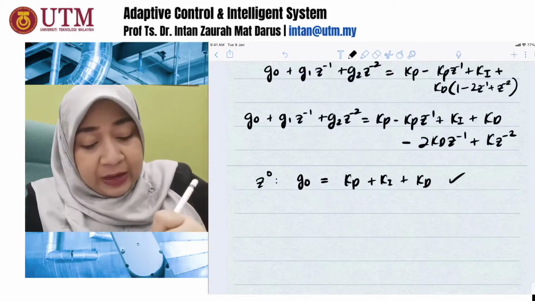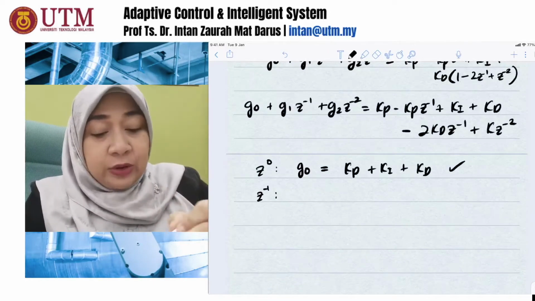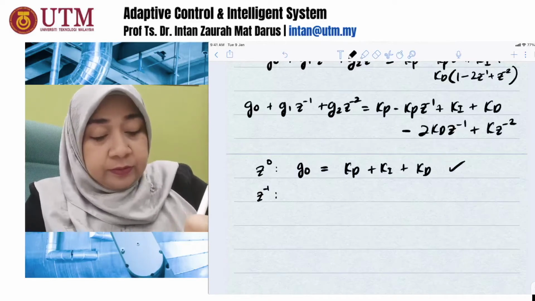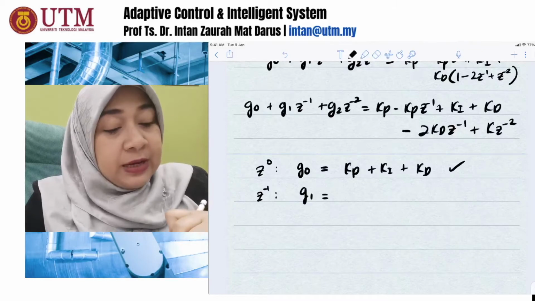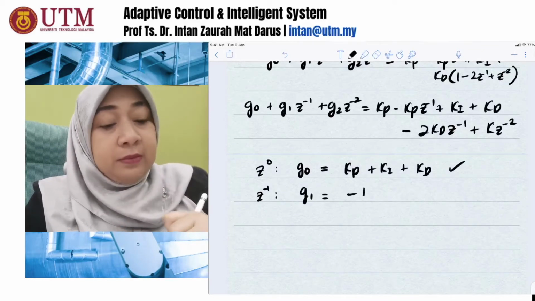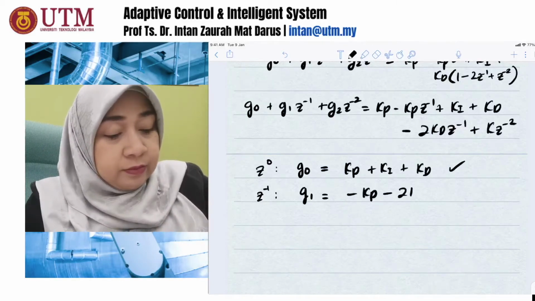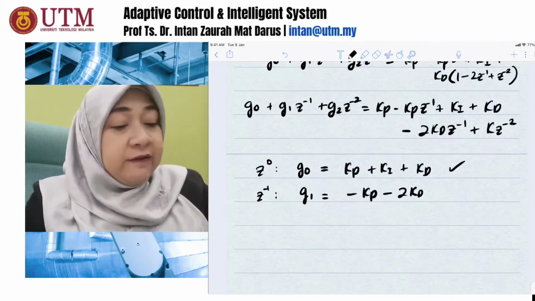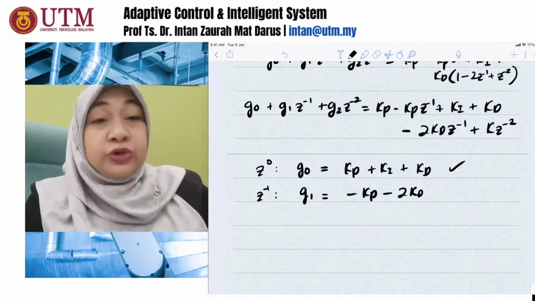If you compare the coefficient of z^-1, on one side you're going to have g1, and on the other side you're going to have negative Kp minus 2 Kd. So that's for your g1.